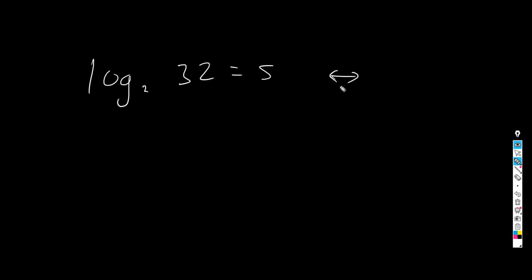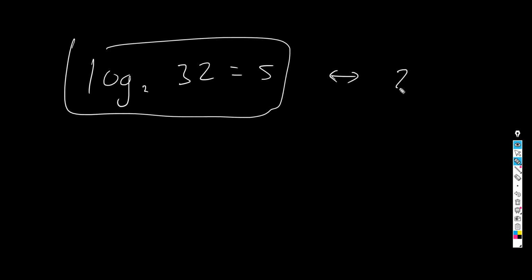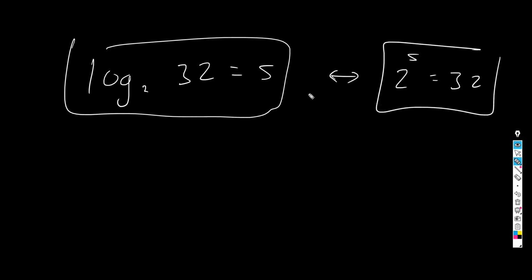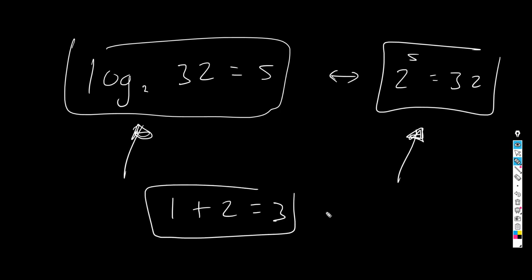So the equivalent statement, get used to the symbol, is writing down 2 to the 5 equals 32. All of this statement and this statement have the same information. They are as indistinct as writing 1 plus 2 equals 3 being equivalent to 3 minus 2 equals 1.